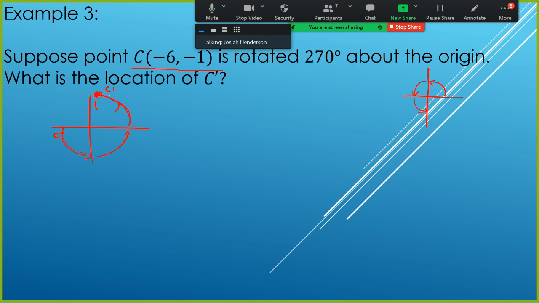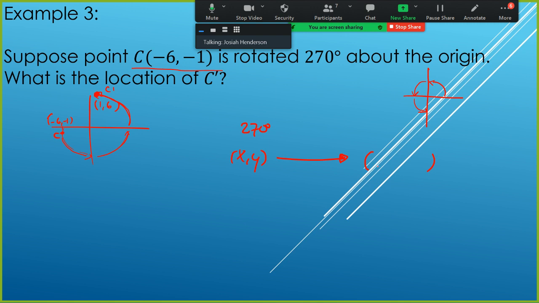Where does this look like it fell? Well, it looks like it's over 1 up 6. And I started at -6, -1, based on what they told us. So let's double check our rule. The 270 rule says all xy's turn into, let me check my notes.